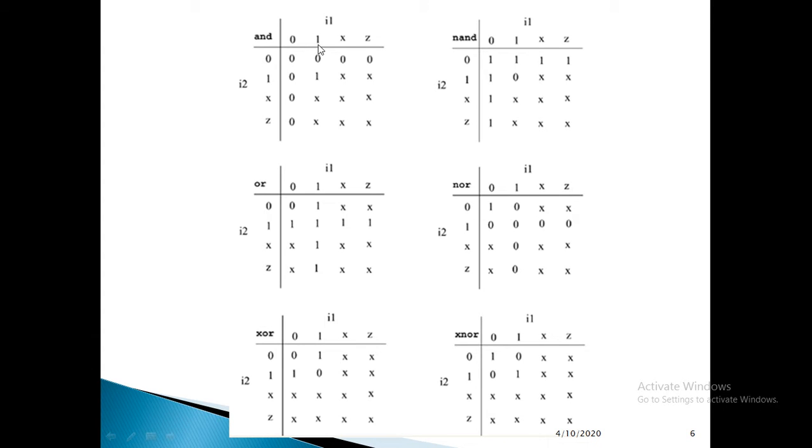Here I1 is 1 and I2 is 1, then the output will be 1. And here you see if I1 is X and I2 is 1, then the output will be X. For other truth tables you have to verify yourself.